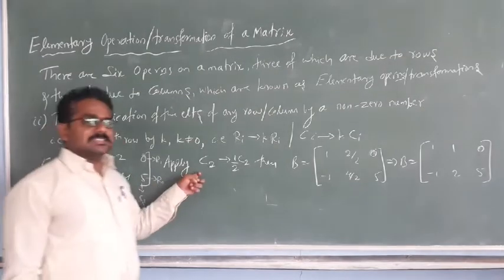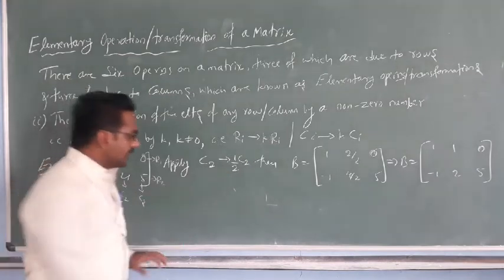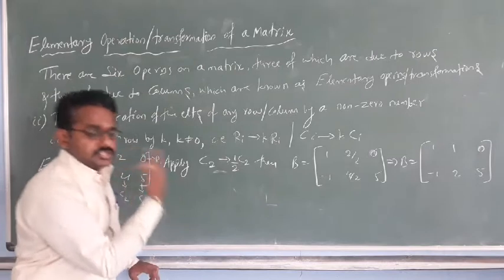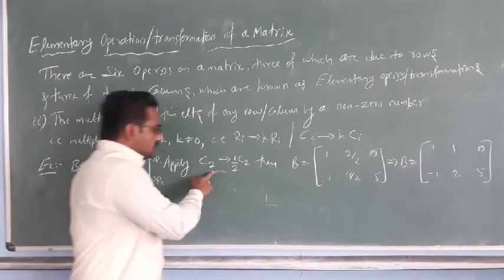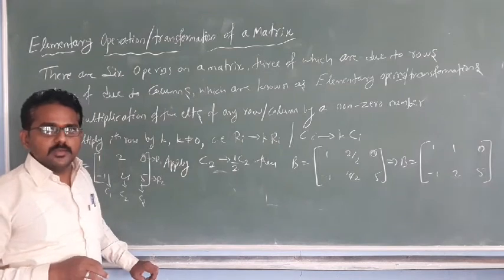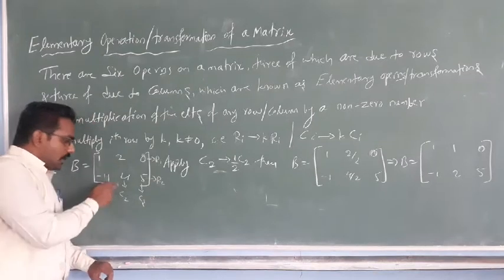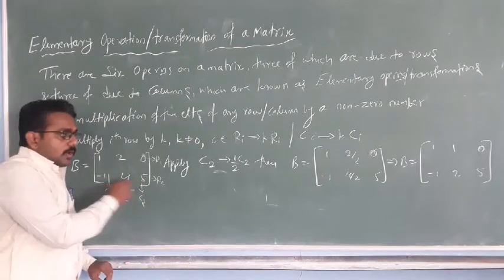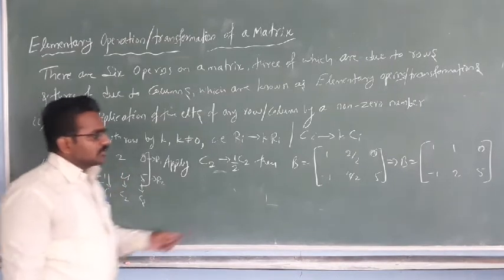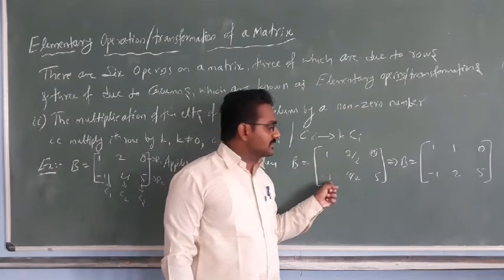I did a certain transformation here, that is C2 changes to, what it implies, students? The arrow mark means C2 changes to 1 by 2 into C2. What are the elements of C2 here? 2 and 4.